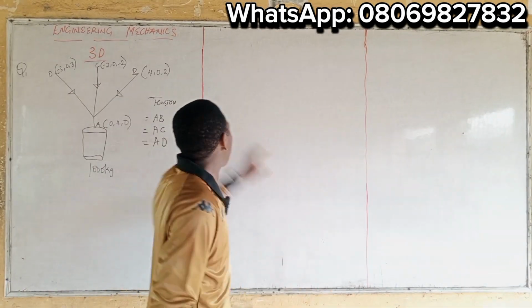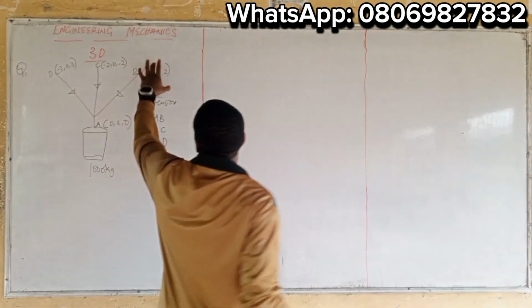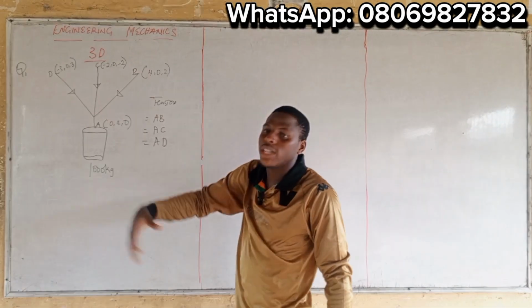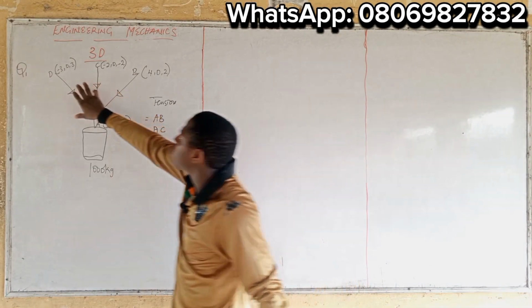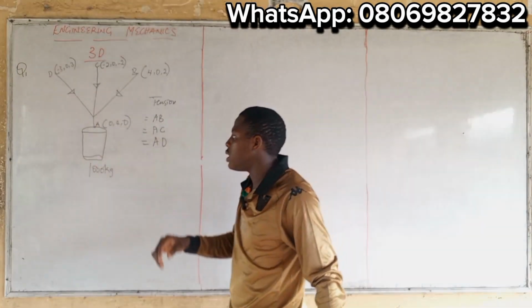Now the first thing that should come to your mind is to take these coordinates into vector coordinates. You are given your coordinates as figures here, so convert them to vector coordinates.